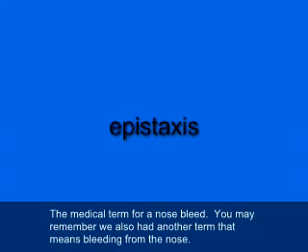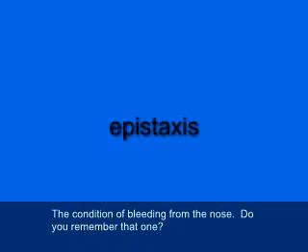And we have a term that is the medical term for a nosebleed, and this is epistaxis. Epistaxis, the medical term for a nosebleed. And you may remember we also had another term that means bleeding from the nose, the condition of bleeding from the nose.